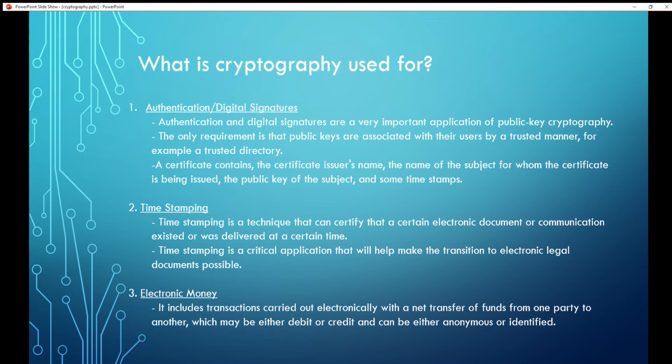The only requirement is that public keys are associated with their users in a trusted manner, for example, a trusted directory. A certificate contains the certificate issuer's name, the name of the subject for whom the certificate is being issued, the public key of the subject, and some timestamps.